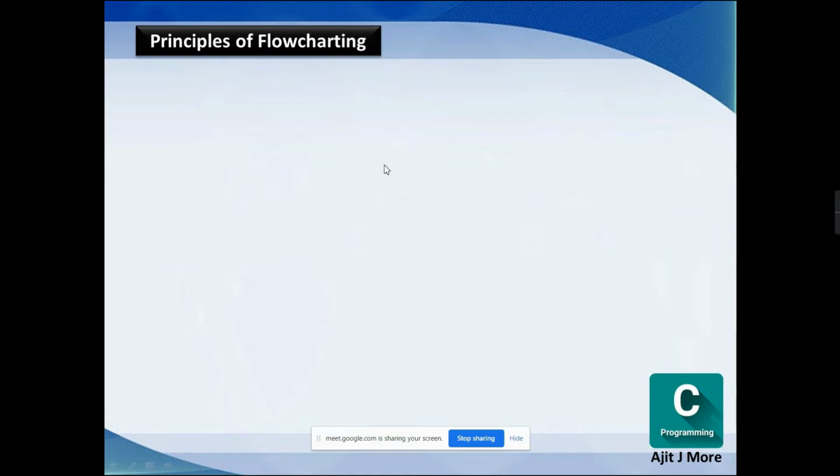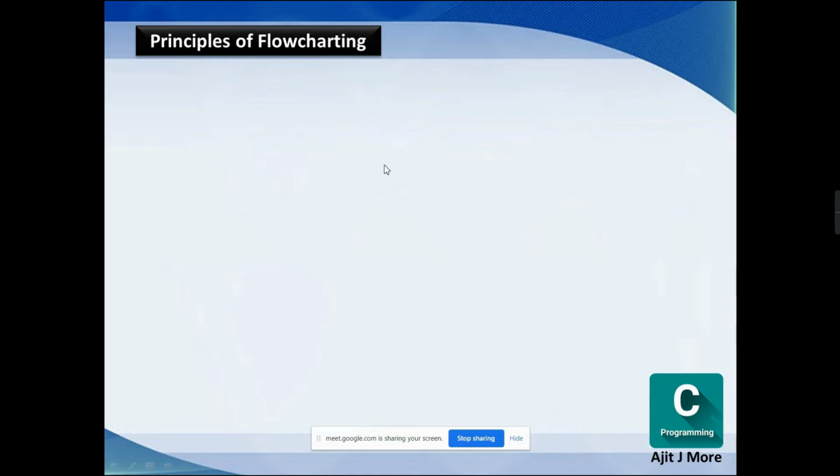It should have a standard indication to tell that from here the flowchart is starting, and here the flowchart ends. So it should have a logical start and end. Then whenever you are taking a decision, in that case exactly two outcomes only should be there. One is yes and one is no, or true or false.